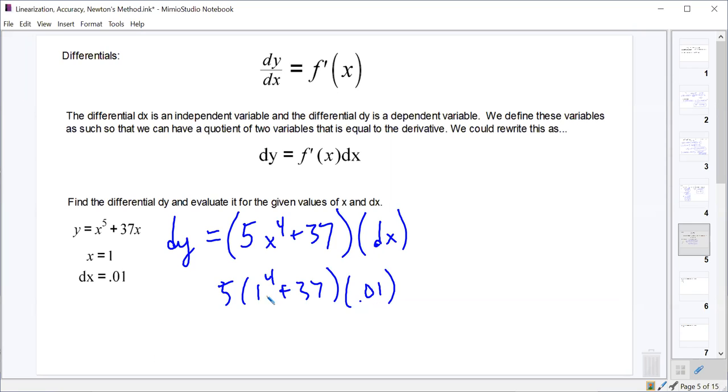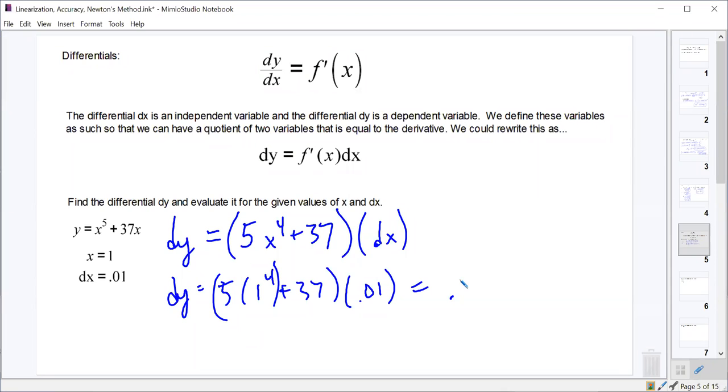And so if our x value changes by about 0.01, then our y value should change by whatever that comes out to be. What does that come out to be? .42.